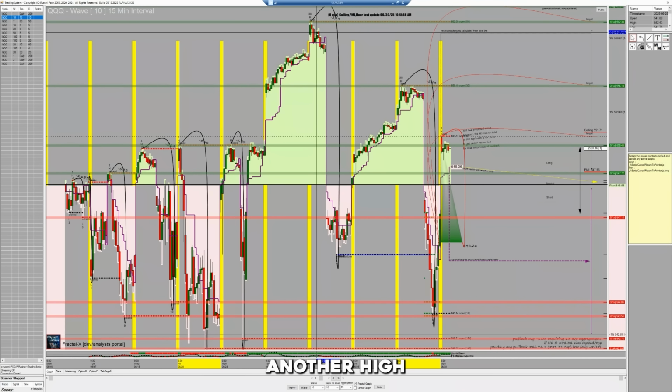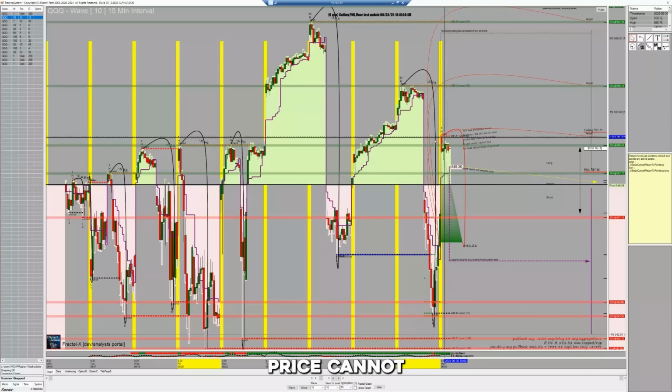If it forms another high, how will we get a pullback? So if you're looking for a reversal, this H1 has to sustain. Price cannot get above 551.31 if you're looking for a pullback. That is your bare minimum. And then you got the pullback right here, which gives you a target of 546.26.